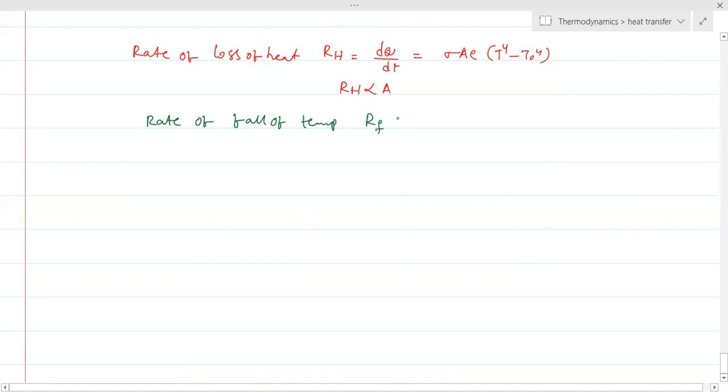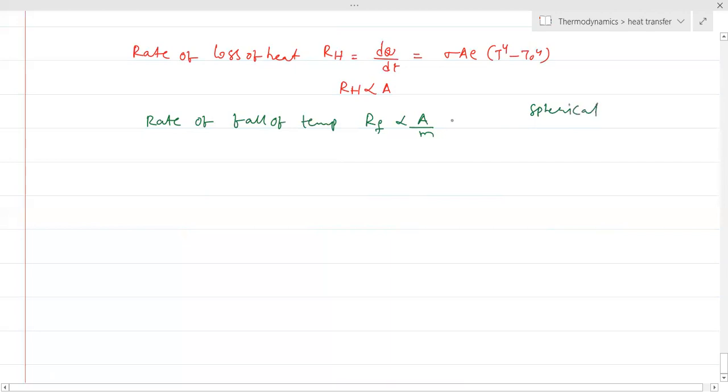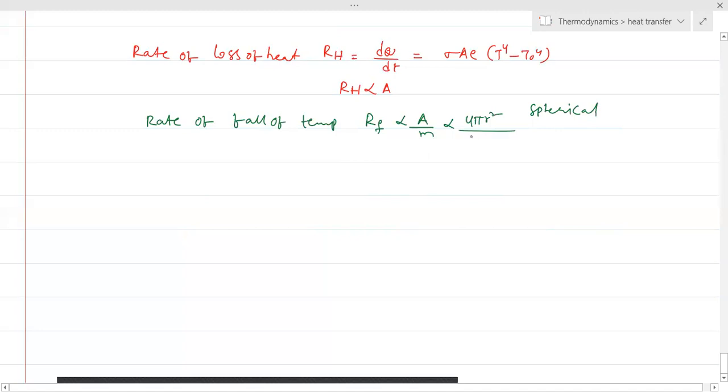Just now we have taken that it is proportional to A by M. Suppose when we think of spherical bodies, area means 4 pi r square, mass means volume into density, 4 pi by 3 into r cube into rho, into s. S is also there in the next question.